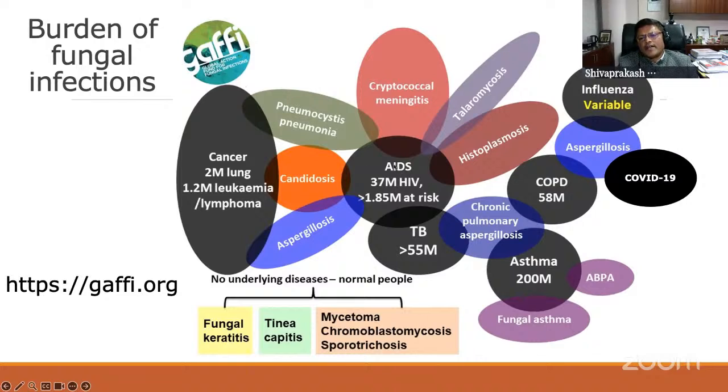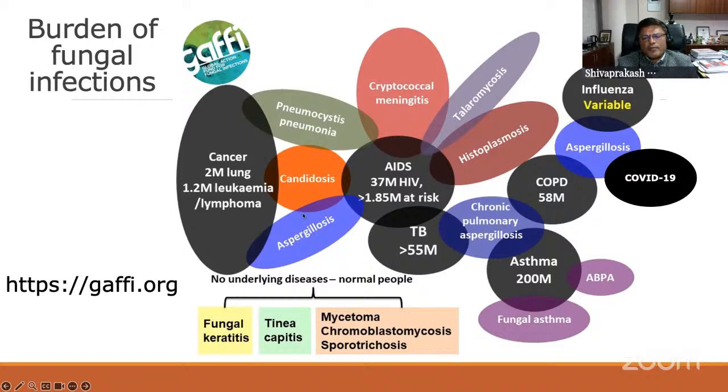Whereas in another group, for example TB, COPD, and asthma, you have chronic pulmonary aspergillosis. In case of COVID, COPD, and influenza, you mainly have aspergillosis.